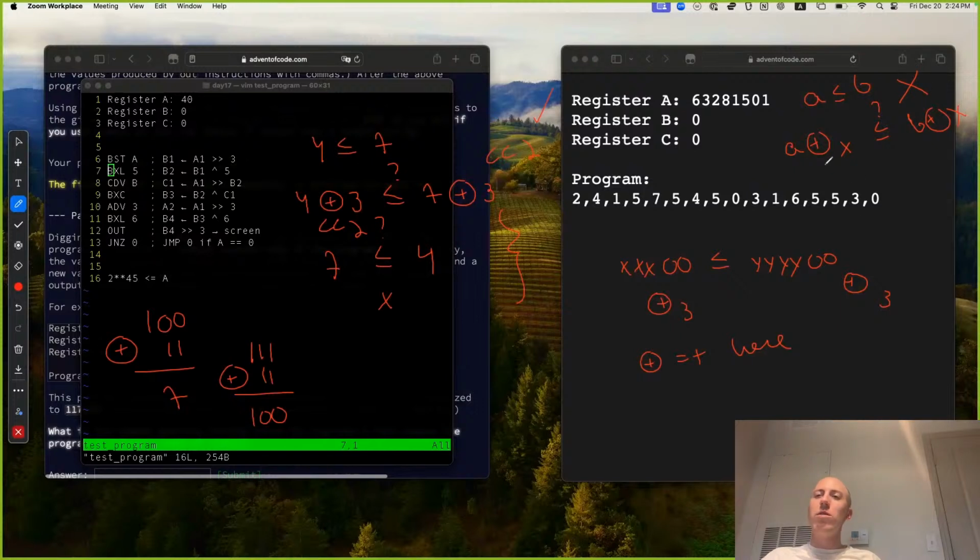This is not true in general, but if you did A times 2 to the X, or just A shifted over by X, is less than or equal to B shifted over by X, XORed with X. That's true.